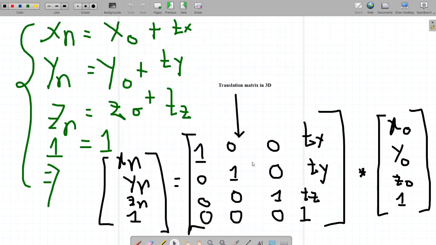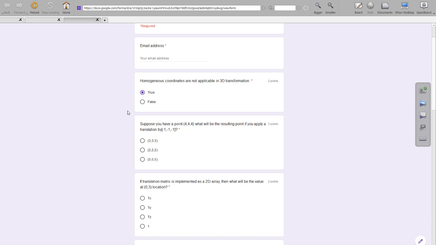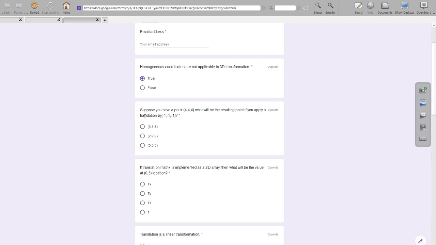Homogeneous coordinates are indeed applicable in 3D transformation, and at the end you have to represent and implement all your algorithms using the homogeneous coordinate system. So the answer here is true.